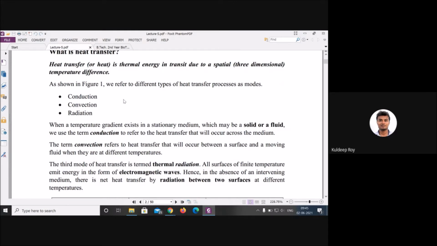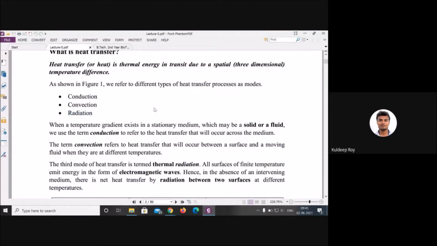Just keep that in your mind. In convection, there will be some kind of flowing. In radiation, it does not require any kind of contact, like sunlight coming from the sun to earth without any medium. The same thing occurs in radiation.